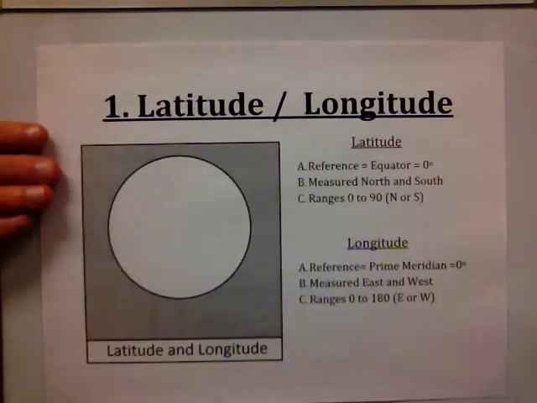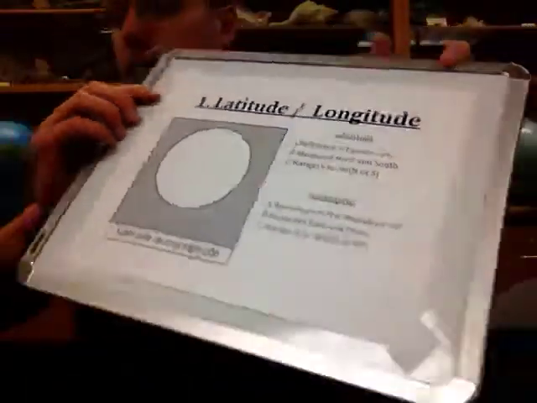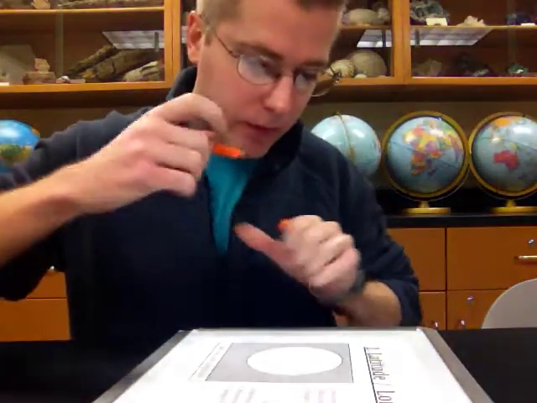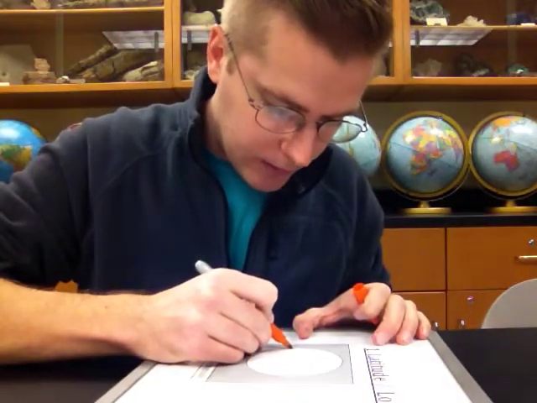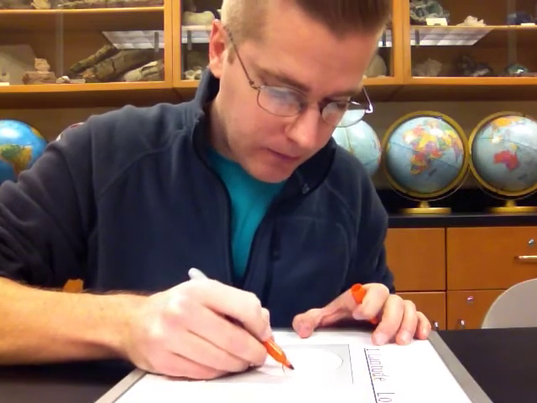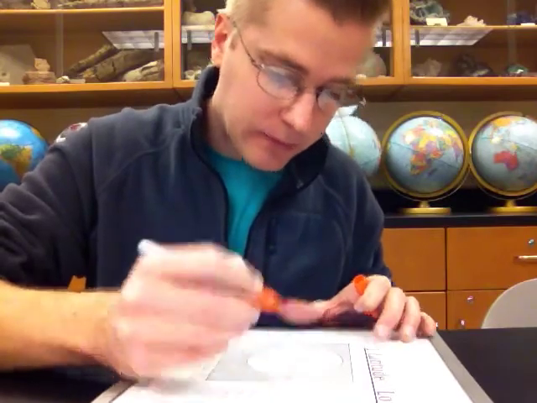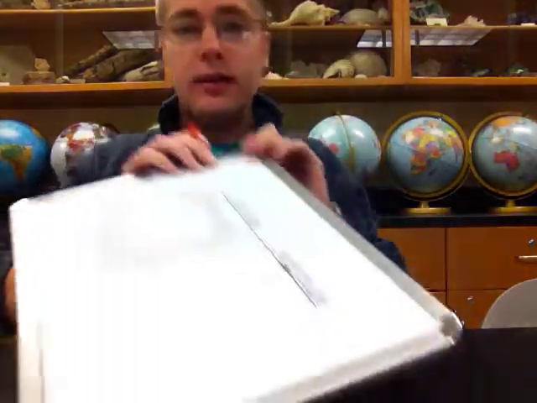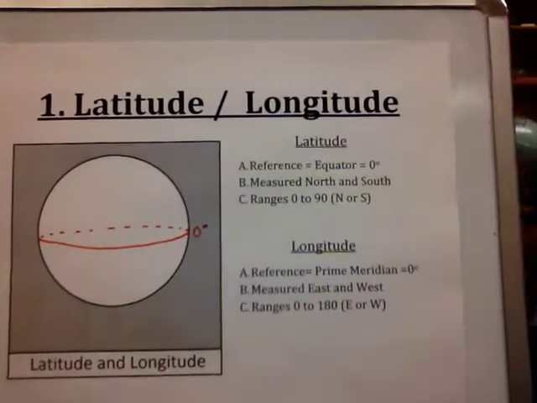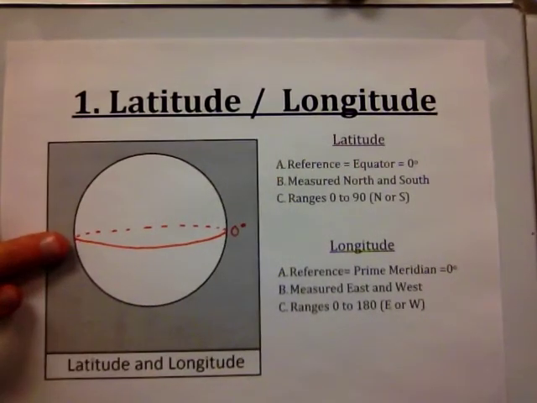When we look at latitude and longitude, we're going to be making some drawings on the figure to help this make sense. The first thing that we need to start with for any coordinate system is a reference point, or something that we can set to 0 that everything else is based off of. For latitude, our reference point is the equator, and we set the equator equal to 0.